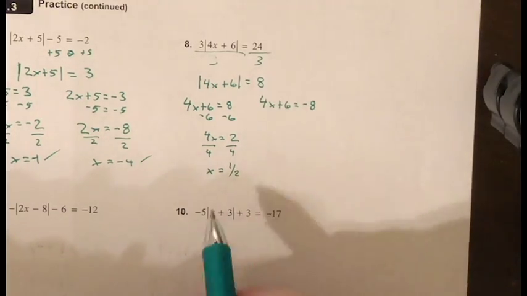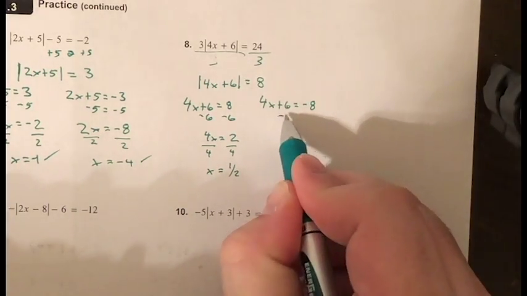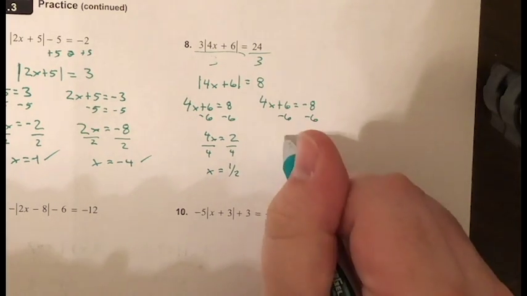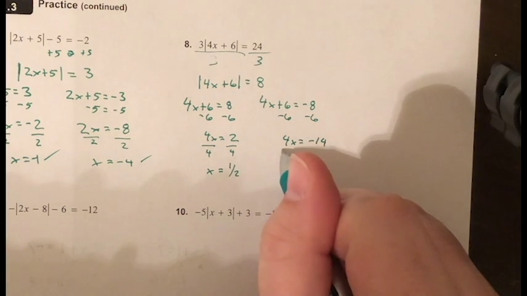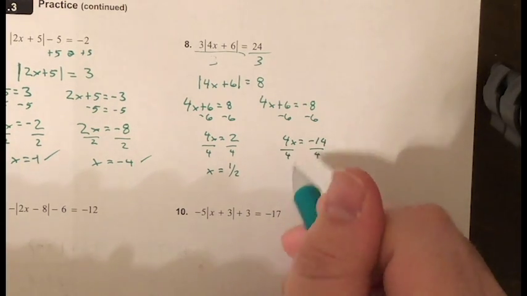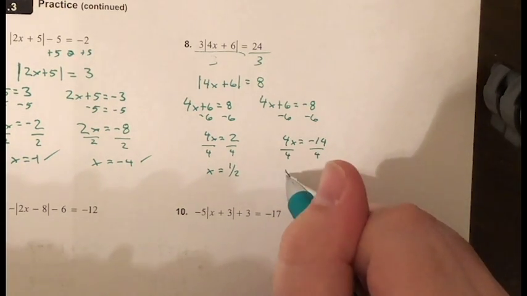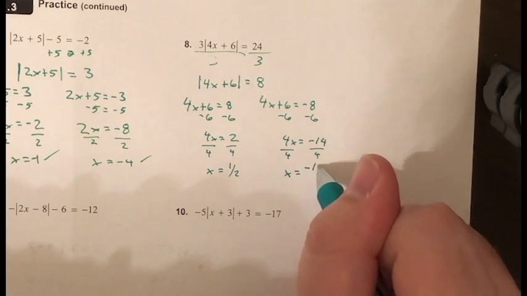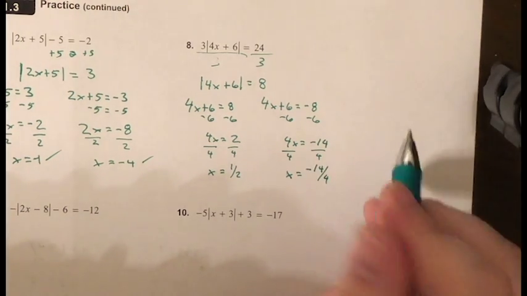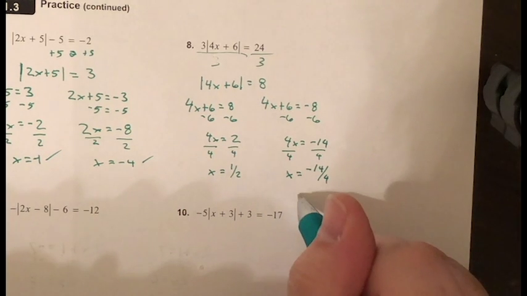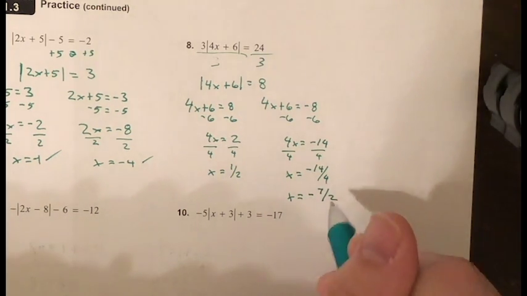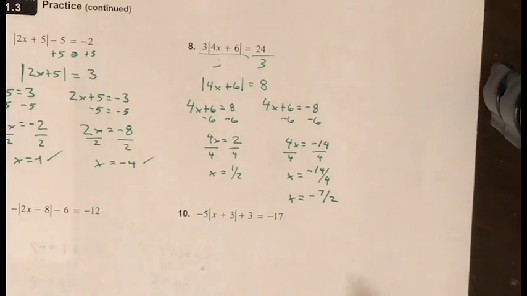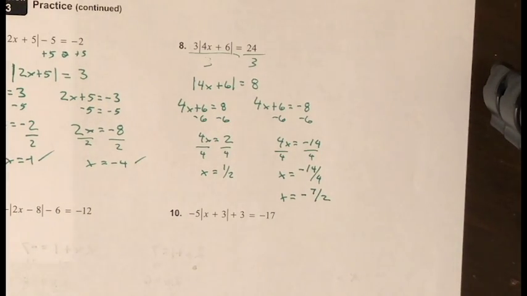Now I do the same thing with the other equation. I subtract 6 on both sides, and I get that 4x is equal to -14. Divide by 4 on both sides, and I get that x is equal to -14/4. Or if we want to simplify this, we can actually say that x is equal to -7 divided by 2.